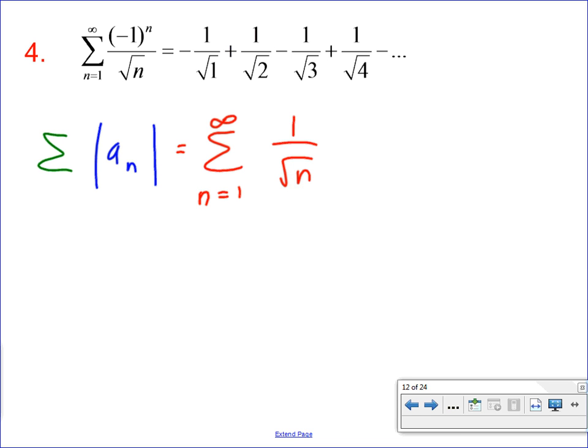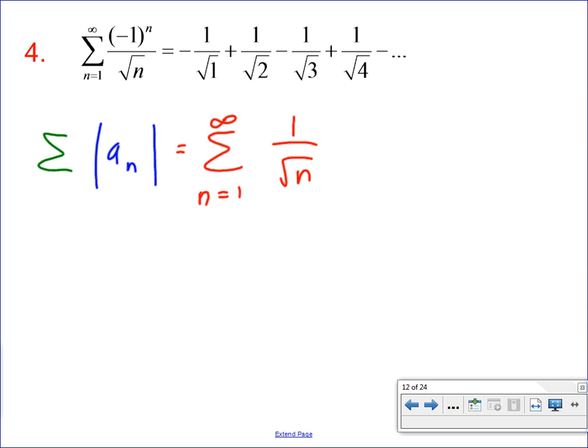Converge? Diverge? Tastes great? Less filling? Why? Yeah, this is a p-series with p equals 1/2, which is less than 1, so it diverges, which doesn't mean the original series diverges. It means that it does not converge absolutely because we were considering the series in absolute value.